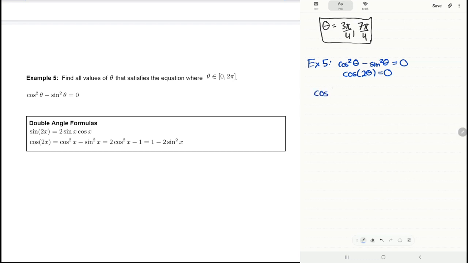So we know that the cos of the angle, we'll call it x, is going to be 0 if the angle x is some integer multiple of pi plus pi over 2. Okay, so n is an integer, and we're going to use the symbol Z to denote the set of integers.